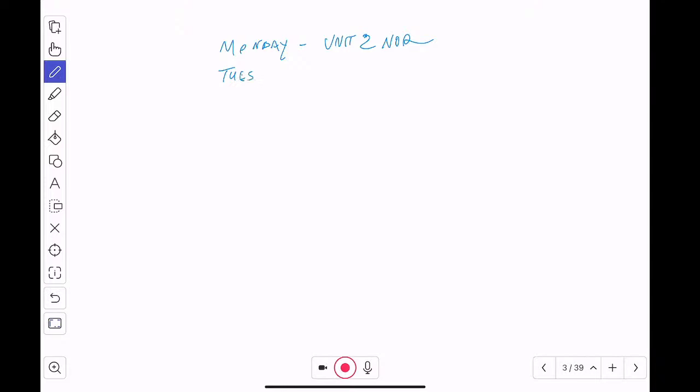On Tuesday, I'm going to cover Unit 3, regression. And on Wednesday, I'm going to start Unit 4, probability. That's my goal. And then we will have Thursday, because this is a long unit, also for Unit 4, probability.